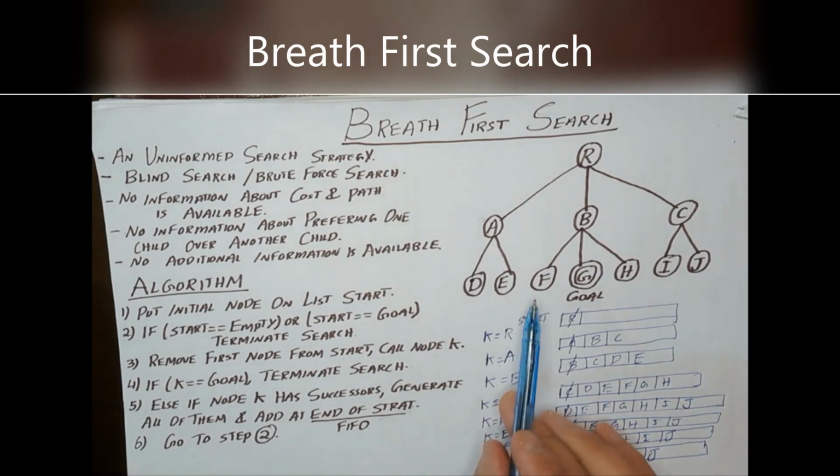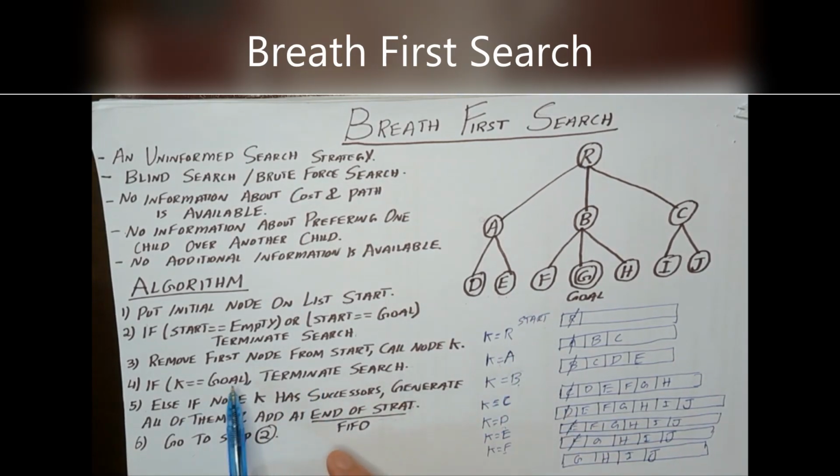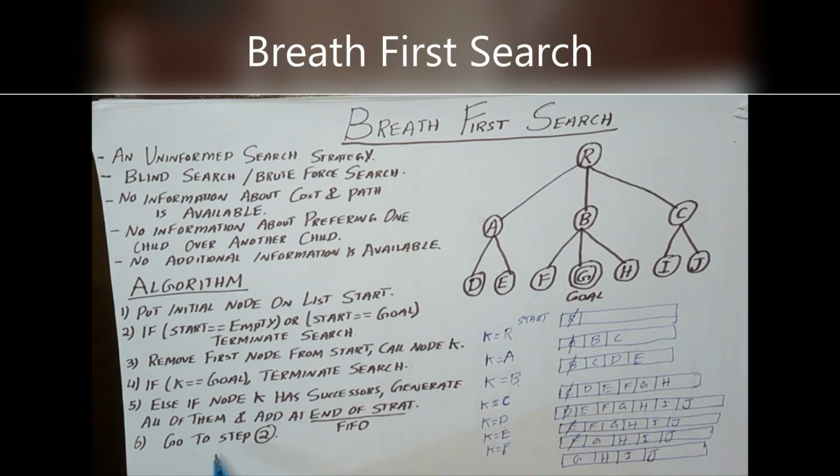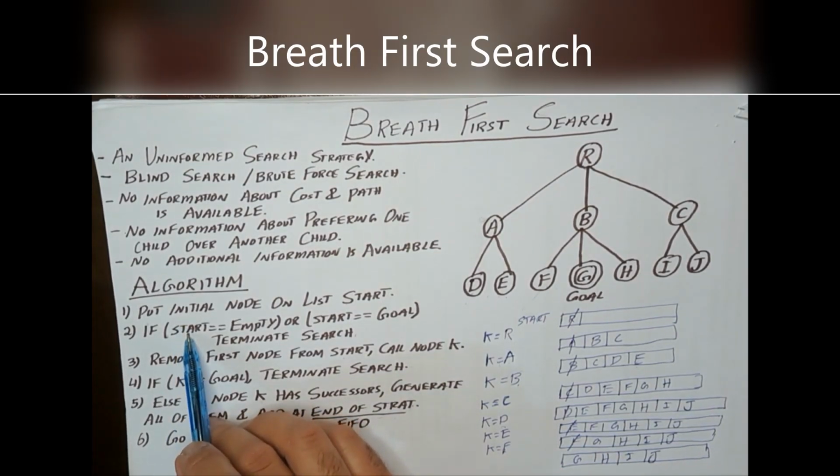Is F goal? No, F is not goal. So we will not follow this one. We'll move to the fifth one and see, does K have a successor? No, F doesn't have any more child nodes.